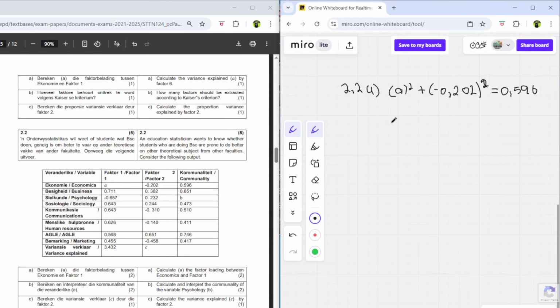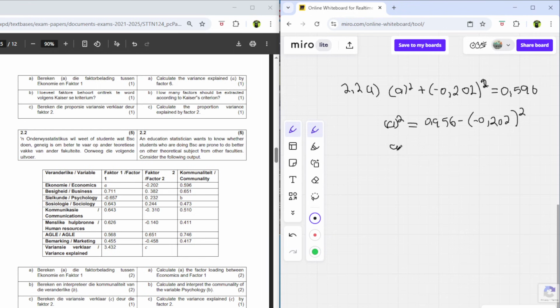In order to do that, we're going to leave a squared on one side. We're going to say it is equal to, then we take this to the other side. It changes the sign from positive to negative. So it is equal to 0.956 minus 0.202 squared.